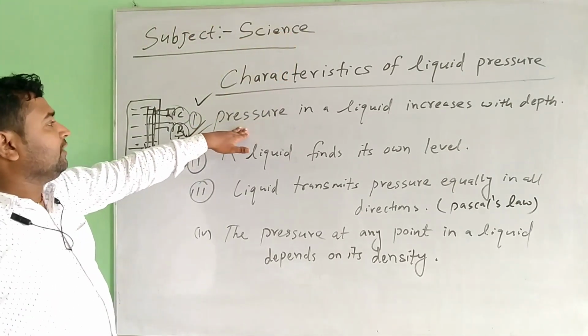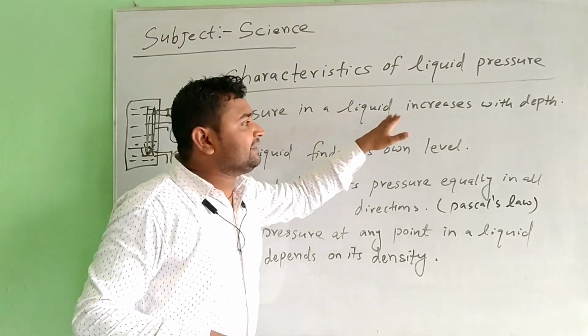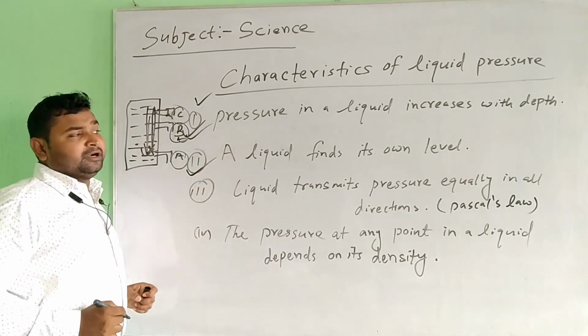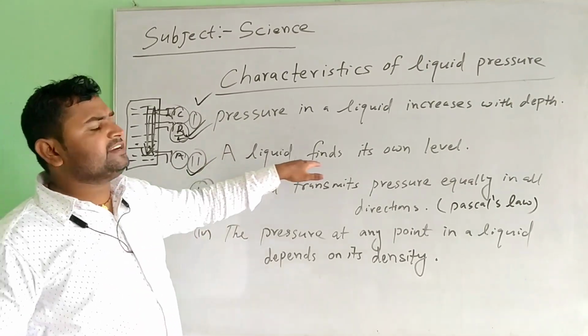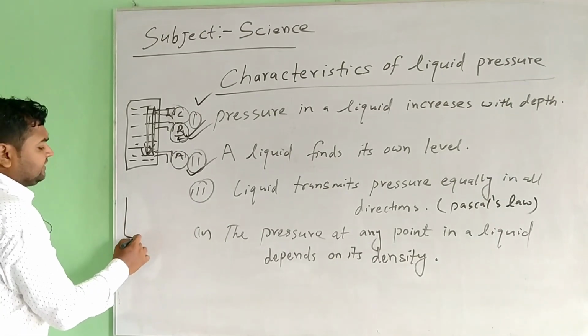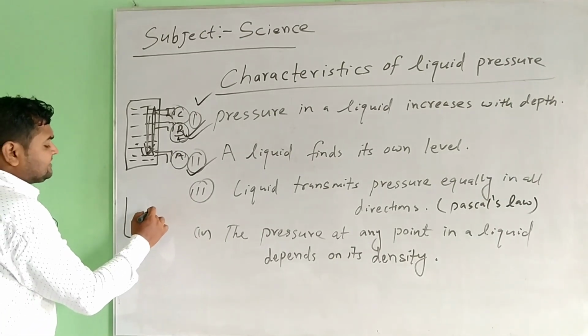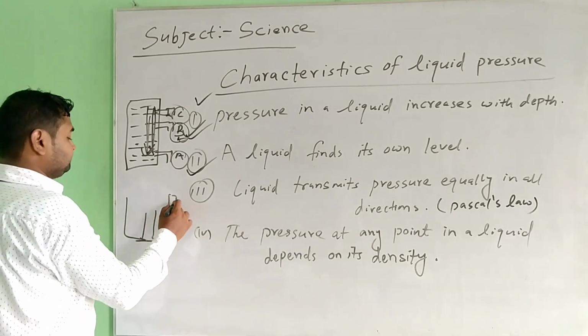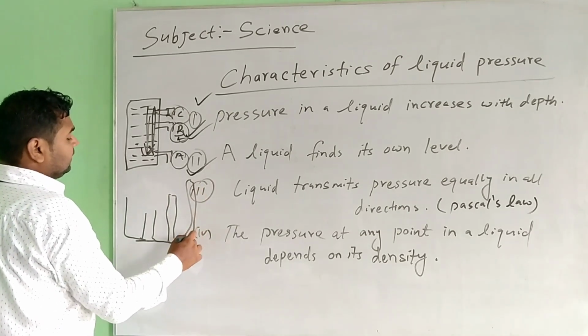So the liquid pressure increases with depth. Now characteristic number 2: a liquid finds its own level. When you keep water inside a container, it maintains its own level.